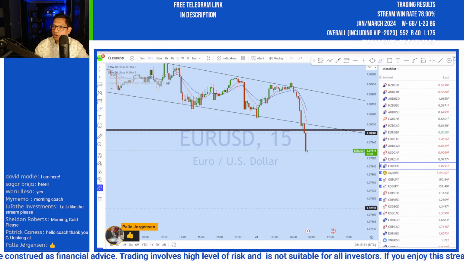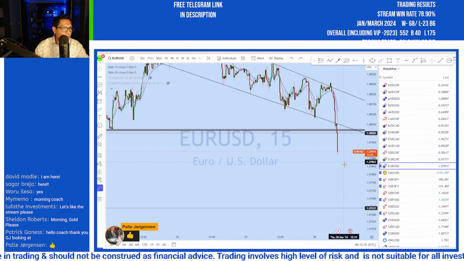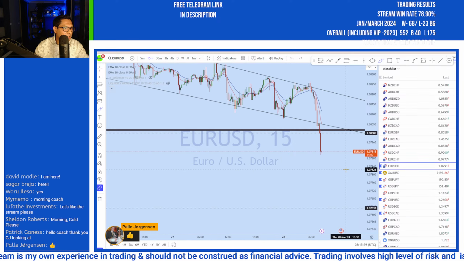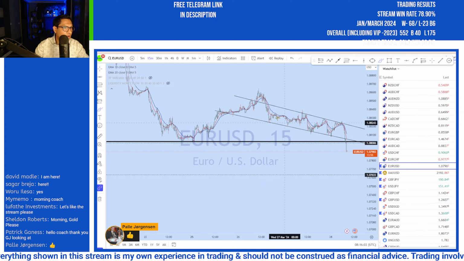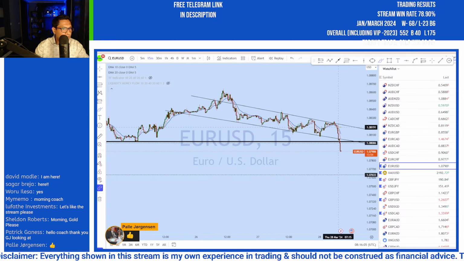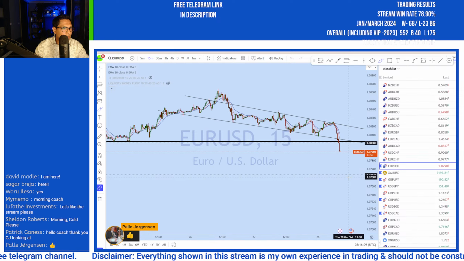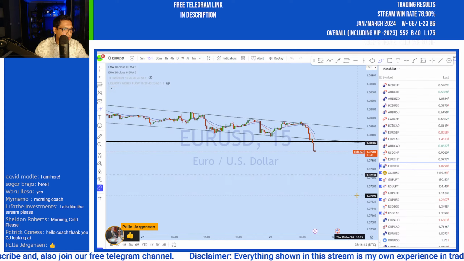All right, so let me see. We can see that EUR/USD had a complete breakdown. Now I want to see EUR/USD go up for a retest, because in this channel, you can see EUR/USD has a complete breakdown. How far this breakdown is going to drop is also something you need to look at.